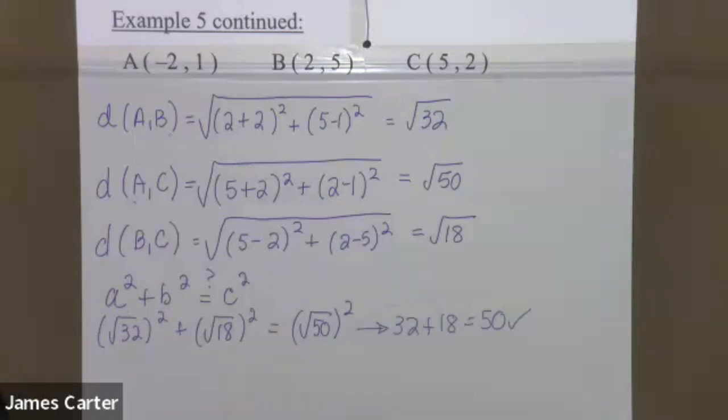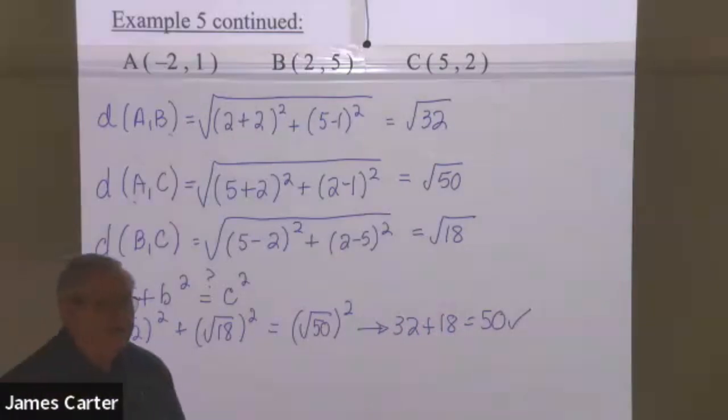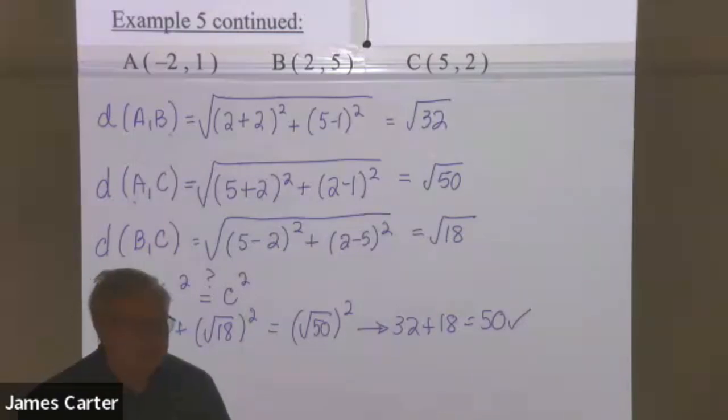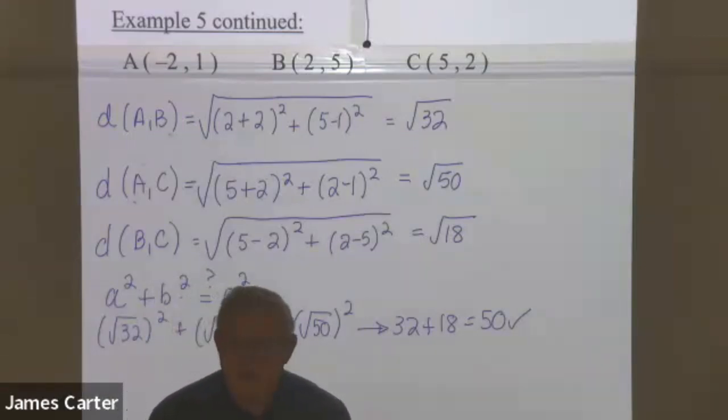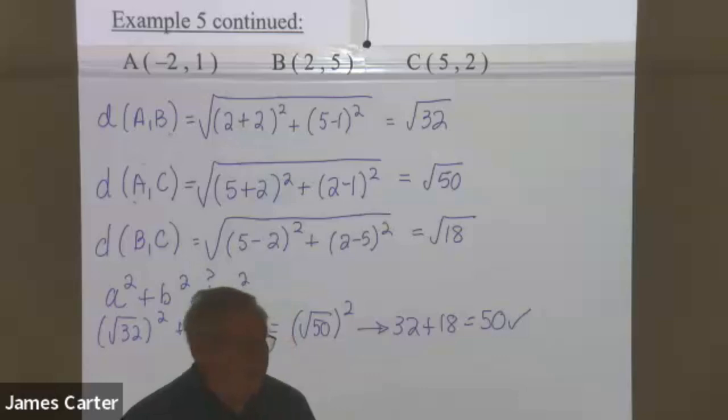Well, you get 32, you get 18, you get 50. 32 plus 18 do equal 50. Therefore, that truly is a right triangle. Okay. Kind of had to go around this one in almost a backwards way.